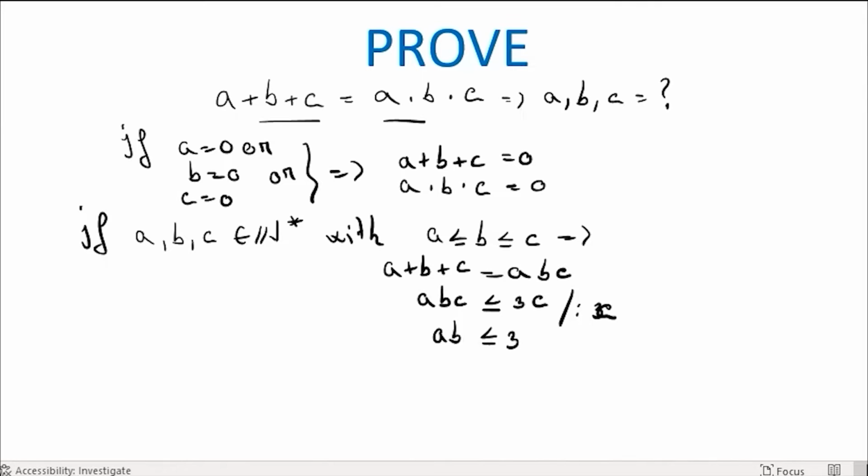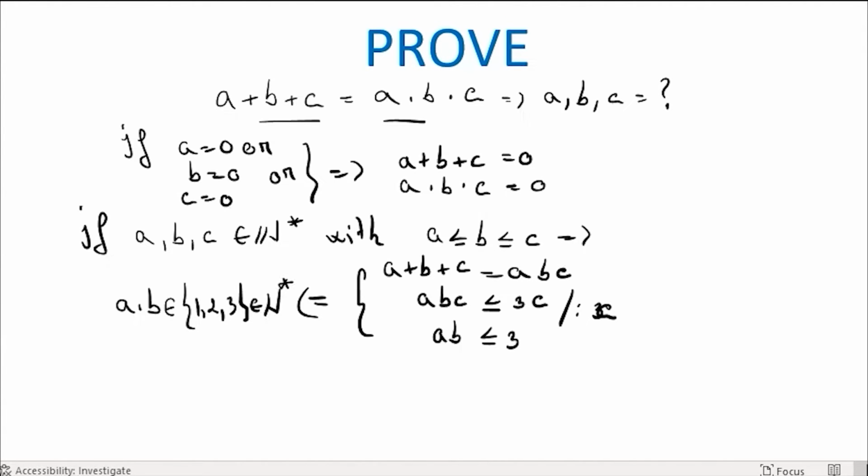So from this, it results that A multiplied with B is a number from the set of numbers 1, 2, or 3, which is a non-zero number, yes?